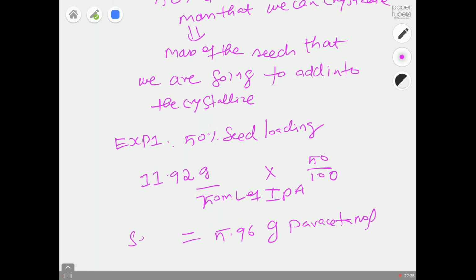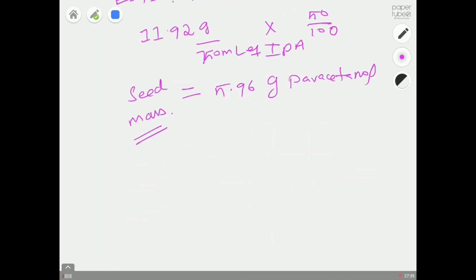This is my seed mass. You need this to calculate QE. QE is equal to C at t equal to 0 minus concentration at any time, multiplied by volume, divided by mass of your seeds.